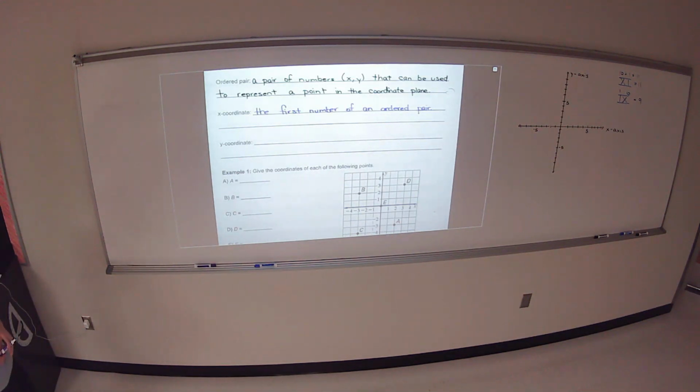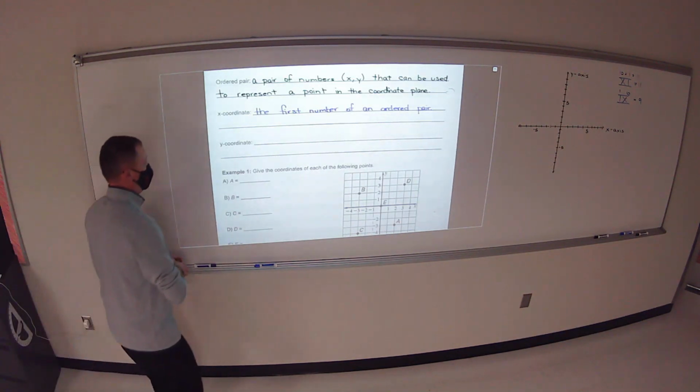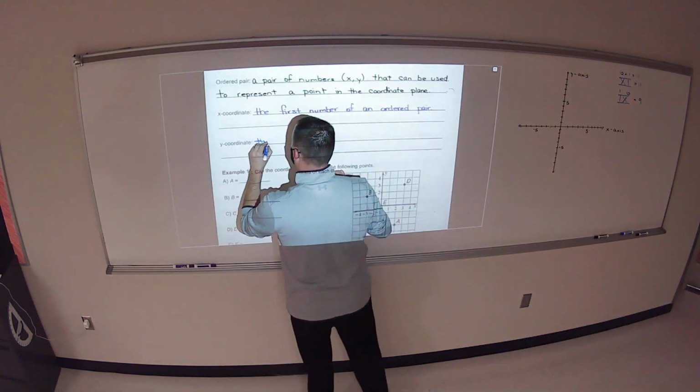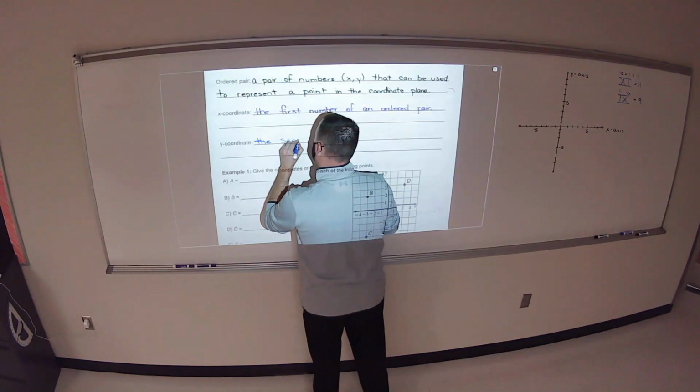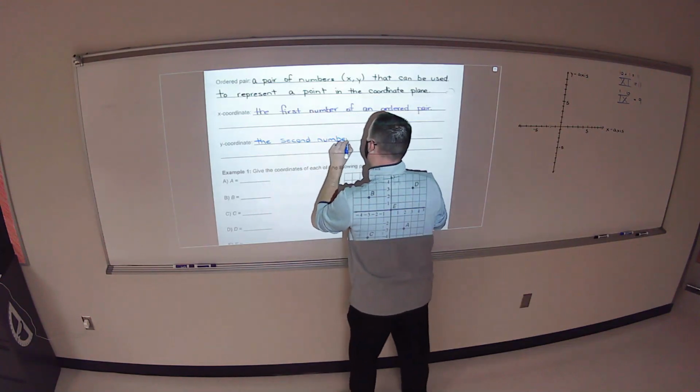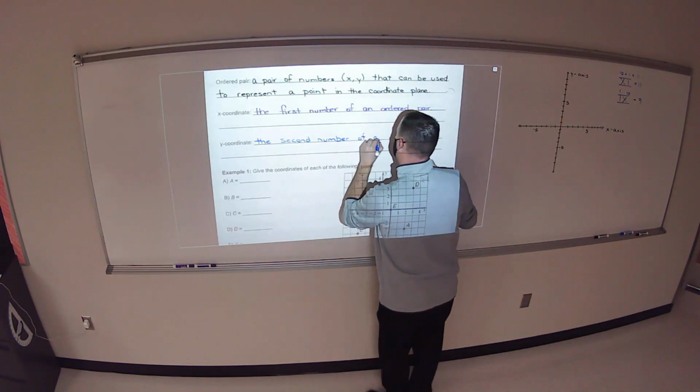Which I think most of us could probably write the definition for the third one then. The Y coordinate is the second number of an ordered pair.